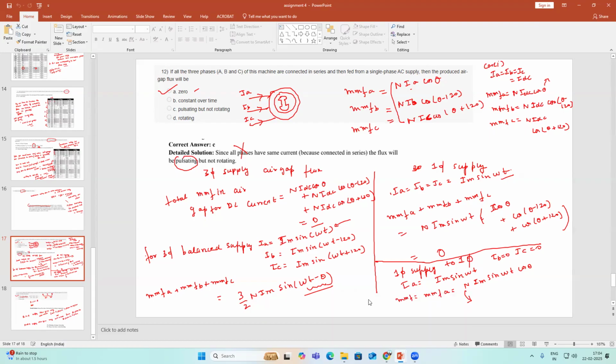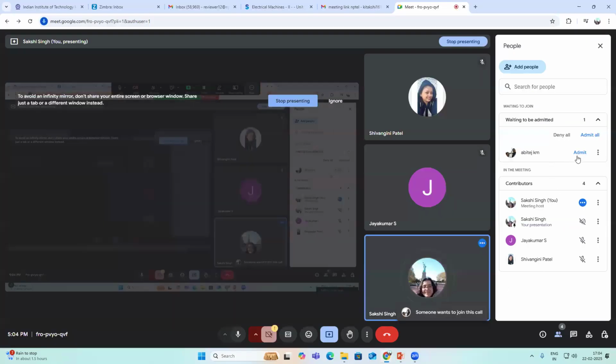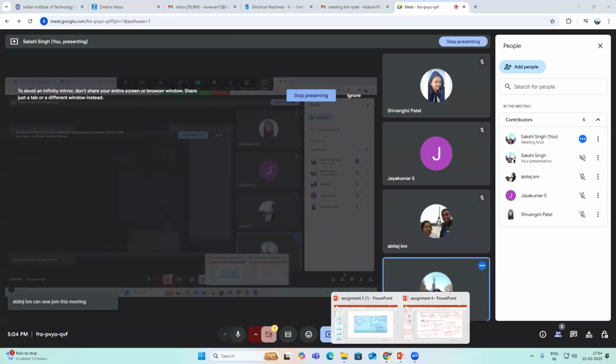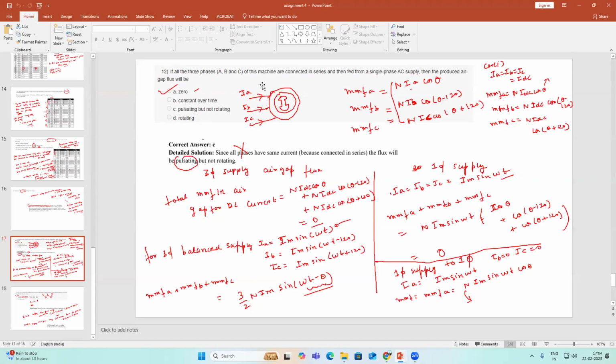However, if you give the same supply to the three phase distributed winding, the resultant air gap flux becomes 0. But for a single phase winding, it will be pulsating but not rotating.